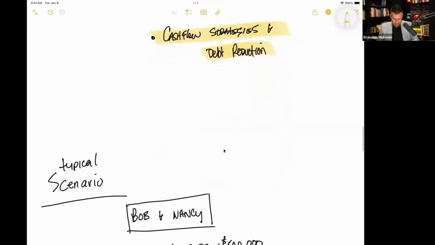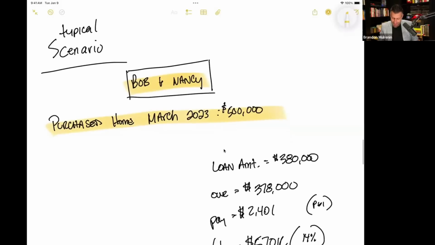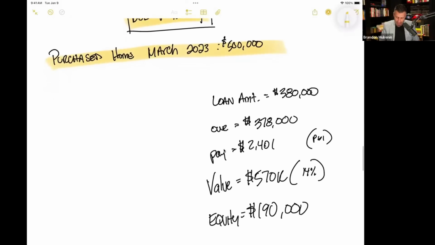All right, so here's a typical scenario of how one of these meetings would go. I always use Bob and Nancy in my examples. And so here's just a typical one. This is just what we see all the time. These people, let's just say they bought a house in March of 2023 for $500,000. And at that time, they got a loan amount for $380,000.